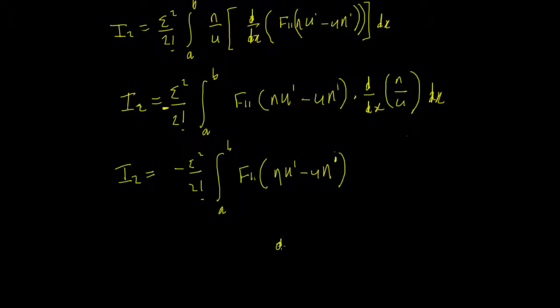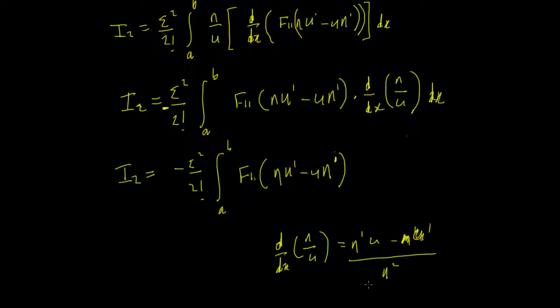If it was d by dx of eta upon u equals eta derivative of u minus eta u derivative all upon u squared.